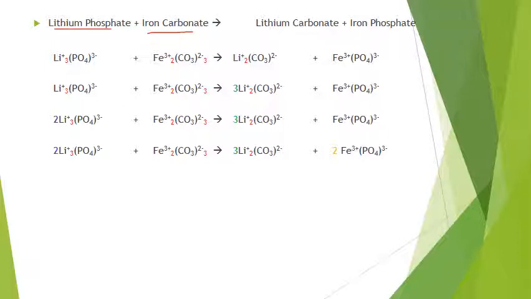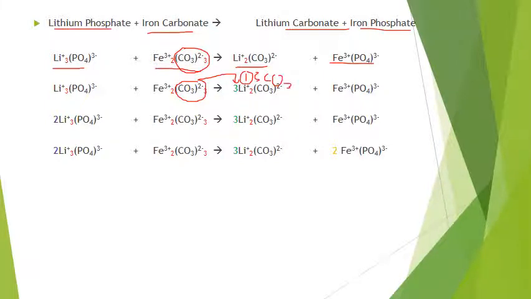Okay, so lithium phosphate plus iron carbonate yields lithium carbonate and iron phosphate. So write the chemical formulas, and I'm going to start balancing with my carbonates. I have 3 carbonates here, so the first thing I'm going to do is put 3 here.